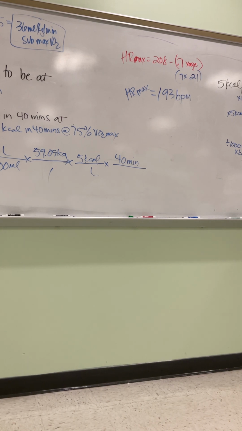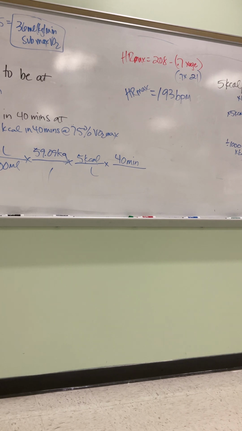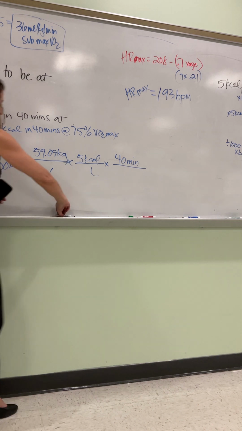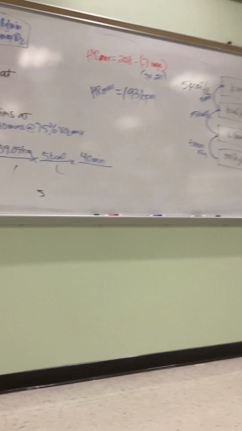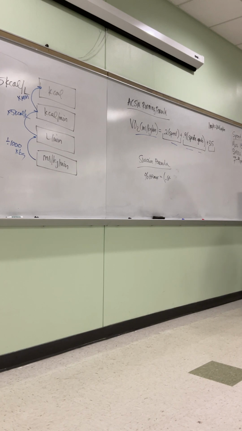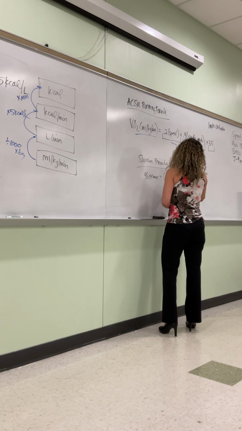So this is the Swain formula. Percent heart rate max equals 0.64 times percent VO2 max plus 37.